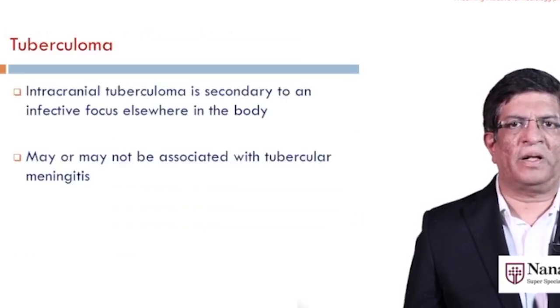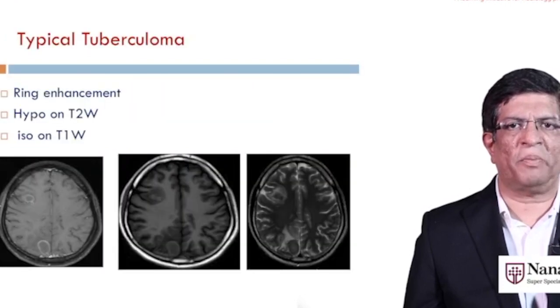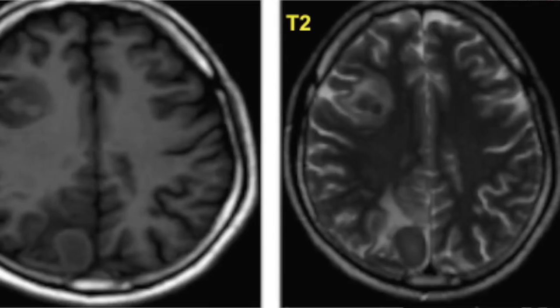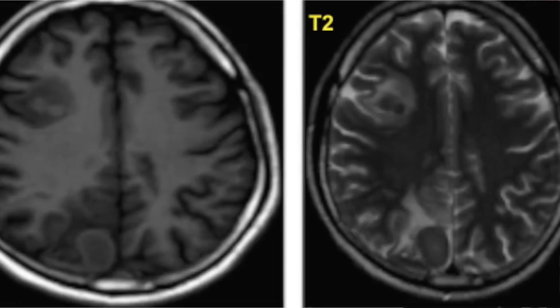Tuberculoma, on the other hand, is a relatively less common presentation of CNS tuberculosis compared to leptomeningitis. It is usually secondary to an infective focus elsewhere in the body. It may or may not be associated with tubercular meningitis. So, a typical tuberculoma would look dark on T2. It will be surrounded by a mild to moderate degree of vasogenic edema.